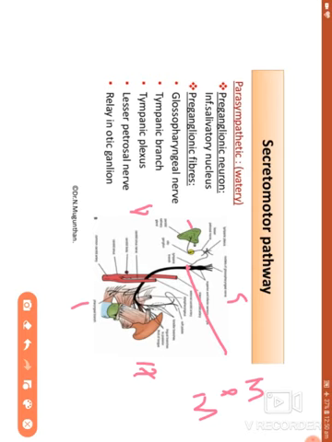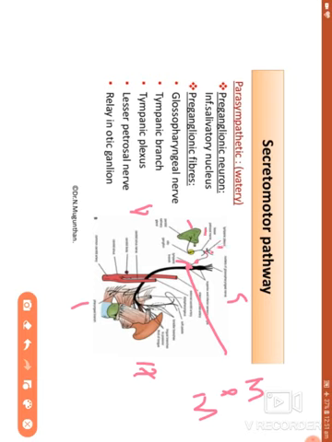So here you can see inferior salivatory nucleus. Fibers from there, from the cranial cavity, come out along with this glossopharyngeal nerve through the jugular foramen. Then it is the tympanic branch of the glossopharyngeal nerve. It forms a plexus, the tympanic plexus.